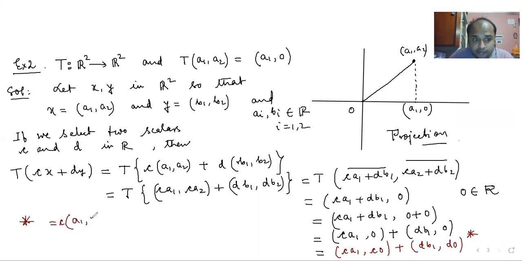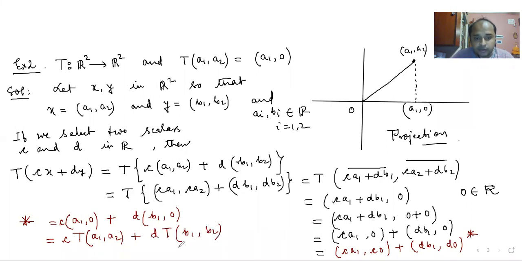I can take C outside because scalar multiplication of coordinates is done in the following manner, and I can take D also outside. We can get D of b1 comma 0, and therefore C of a1 comma 0 can be written as T of a1 comma a2, and b1 comma 0 can be written as T of b1 comma b2, and therefore we can write it as C into T of x plus D into T of y, and therefore this implies T is linear.